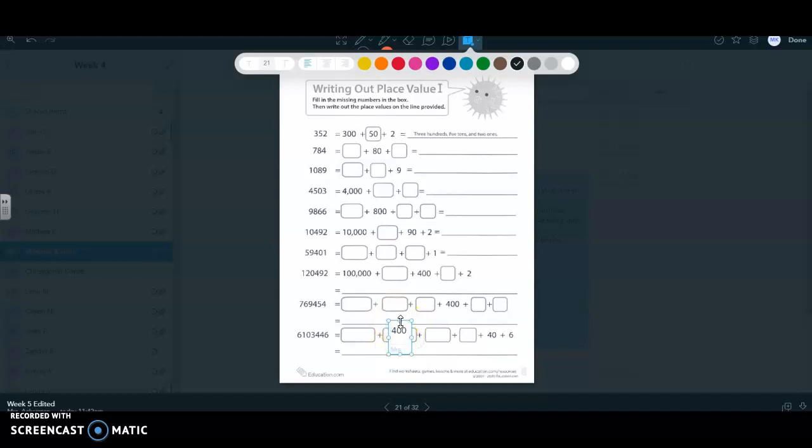There we go. So I can move it. Oh, it's not letting me move the box. Okay, that's not good. I'm sorry, boys and girls. Oh, there we go. Okay, 400 for right there.